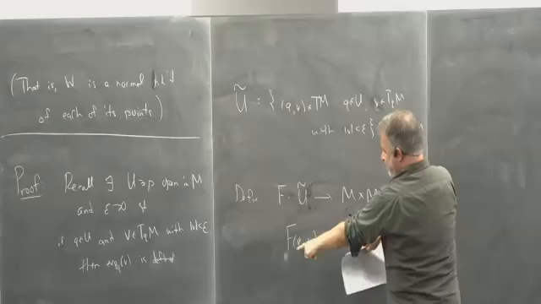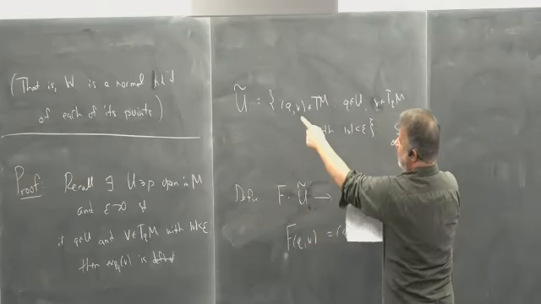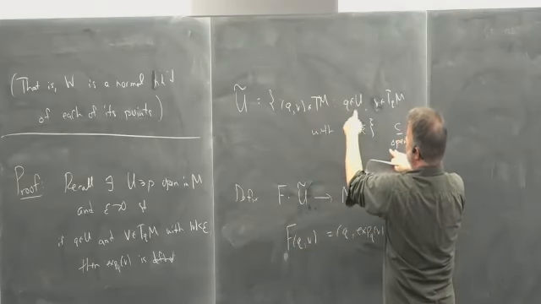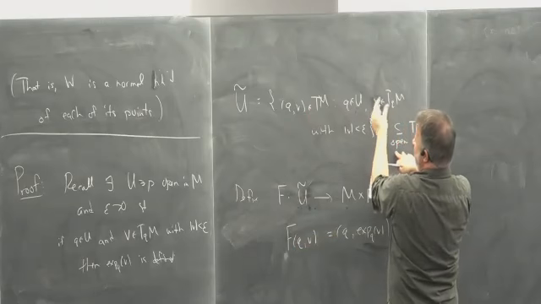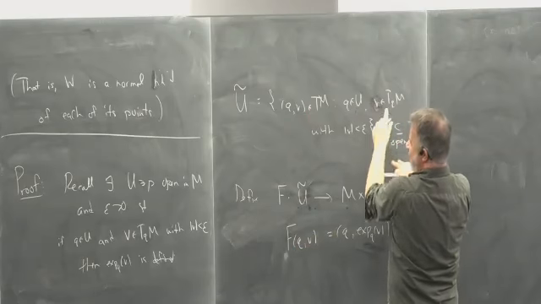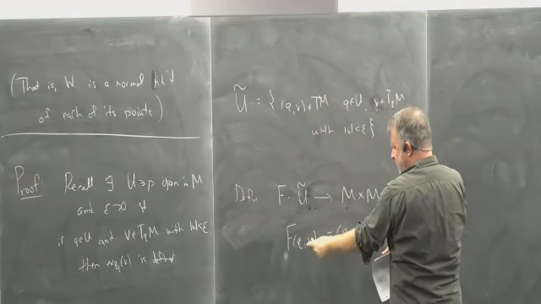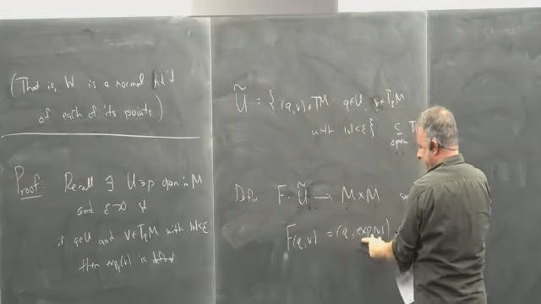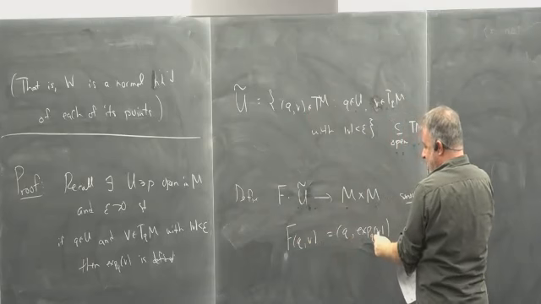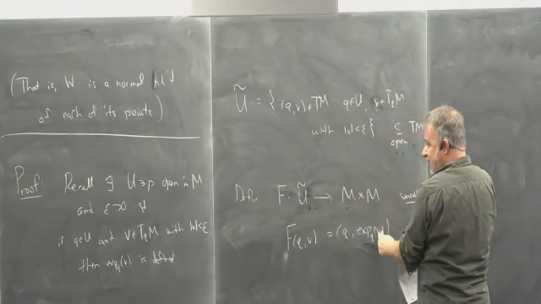And what does it do? It takes a point in U tilde, which is a point Q in U together with a sufficiently small tangent vector at that point, and it maps it to the pair where the first item is Q itself. And the other one is you take the geodesic with initial point Q and initial velocity V, and you follow it for time 1.